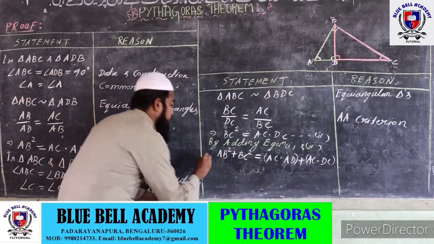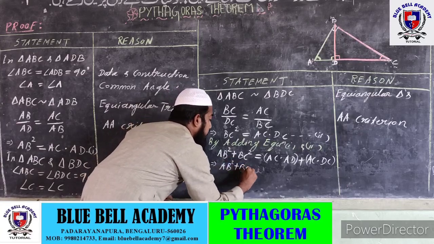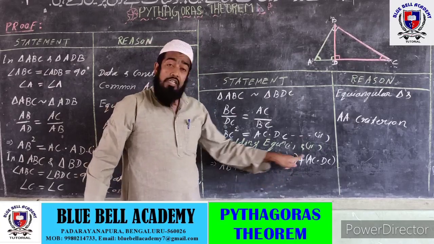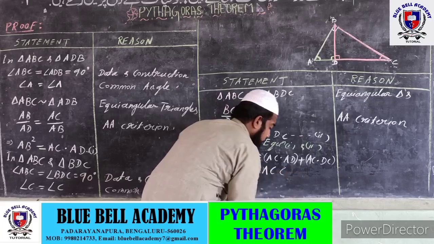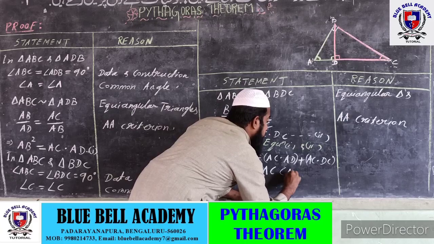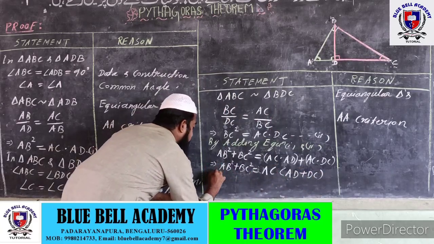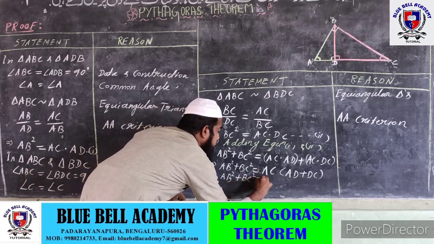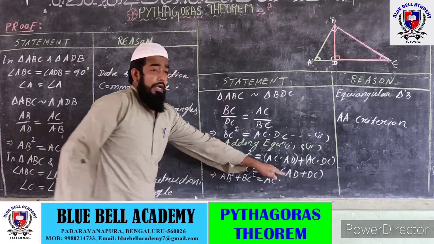Again, if you want to continue here, you are getting the same AB square plus BC square. Are you getting anything common in between these two? Yes, of course AC is common. So we have to mention here AC into AD plus DC. AB square plus BC square is equal to AC as it is, into AD plus DC.